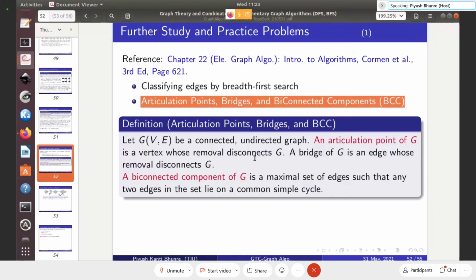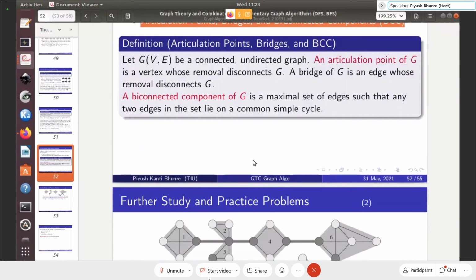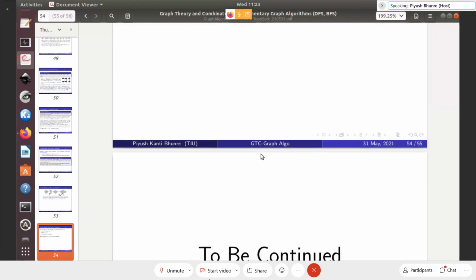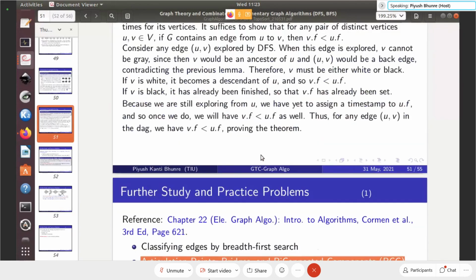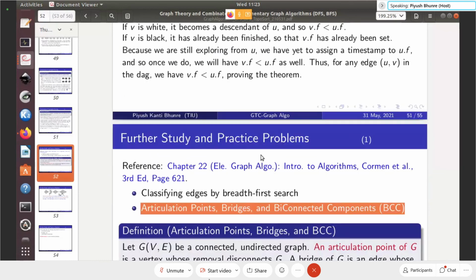Okay, so that's all for the elementary graph algorithms. In fact, I wanted to do strongly connected components of directed graphs, but we have to do some other algorithms also, minimum spanning tree and shortest path. There are different types of shortest path problems as well.